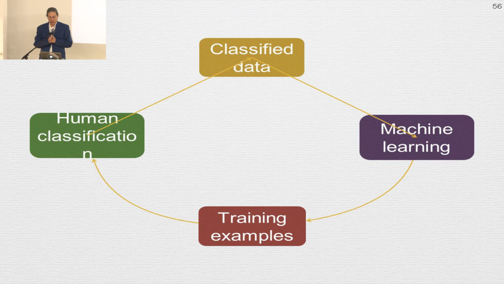So one thing that we want to do in this project we're working on is to try to close the loop, to really start to think about how you might use machine learning to train the humans, so that when we have a new volunteer join the project, we can actually use the machine learning so that they're doing real useful work, but they're doing things that we think will be easier for them to get started.